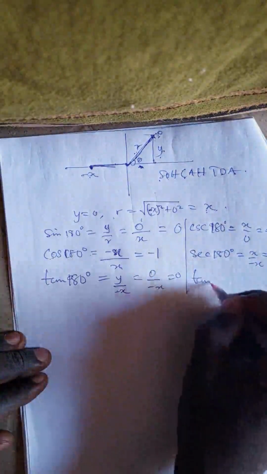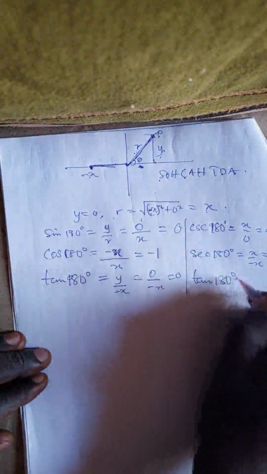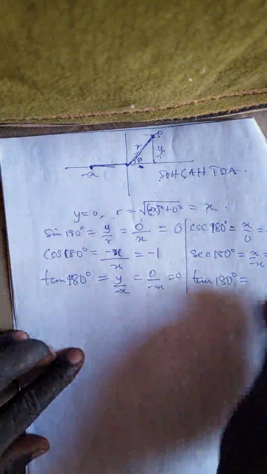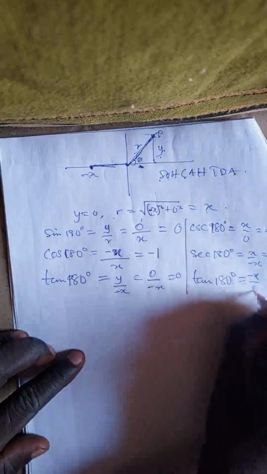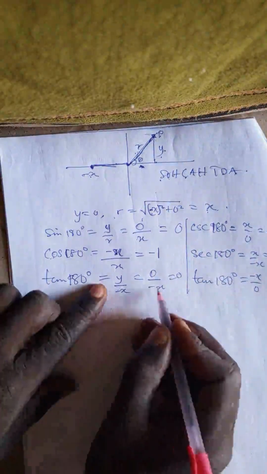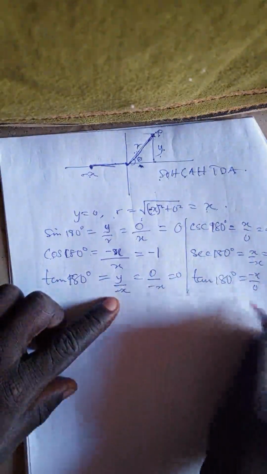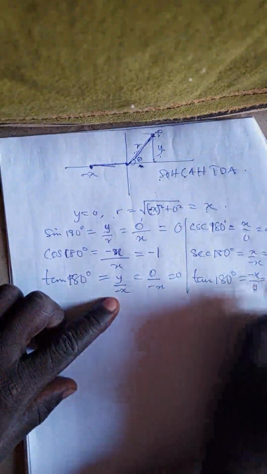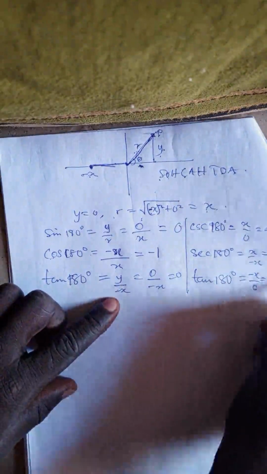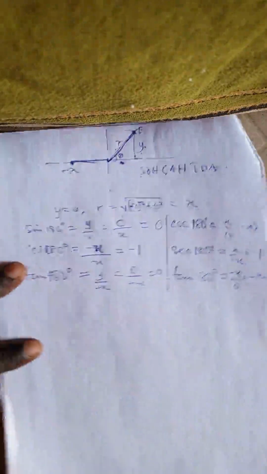Now cot 180 degrees is the reciprocal of tan, so minus x over 0, and this is equal to minus infinity because it is not defined, or we can simply write infinity.